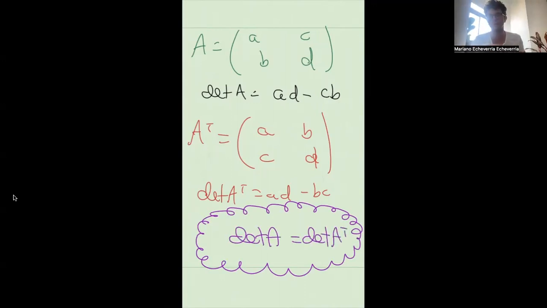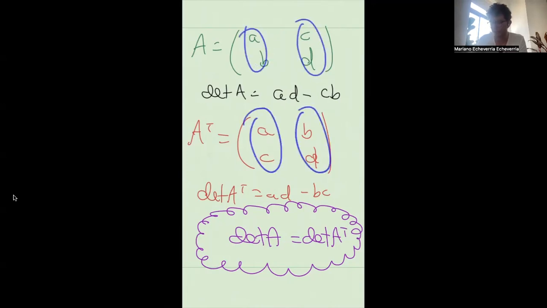I still have to give you the formula in the 3x3 case, but it is a property that holds in general. It's not so clear geometrically why it would be true, because they're literally different vectors. If you think of these as vectors, you're comparing the area of this parallelogram with the area of this parallelogram.